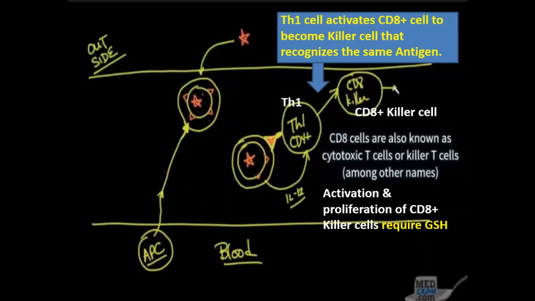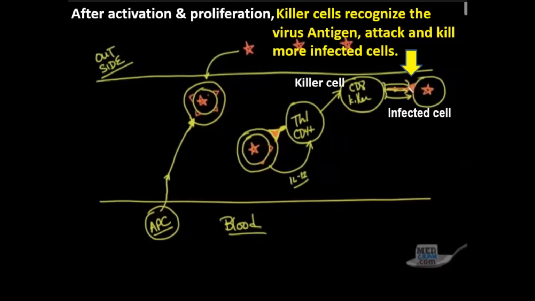Okay, so that's the cellular component of our immune defense. So for one TH1, we activate CD8 cells and they become killer cells. And from the name, you know that these cells will go and kill other infected cells, right? After activation and proliferation, killer cells recognize the virus antigen and will attack and kill more infected cells.